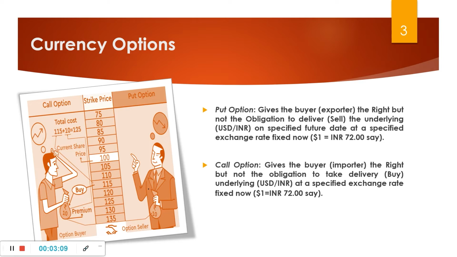An option is usually purchased for an upfront payment known as premium. The option then gives the company the flexibility to buy or sell at the rate agreed in the contract, or to buy or sell at the market rate if it is more favorable, that is, not to exercise the option.